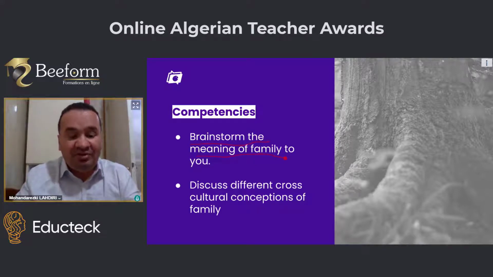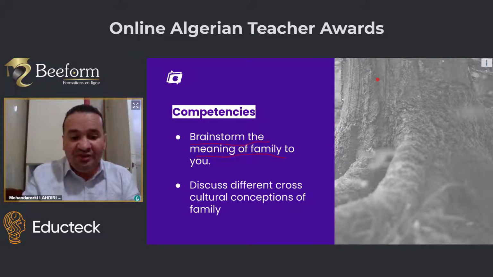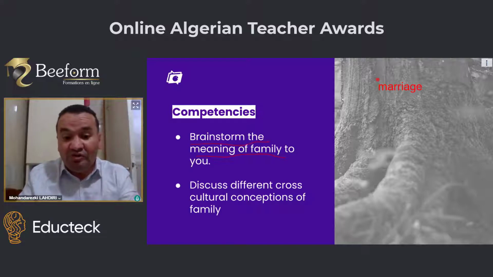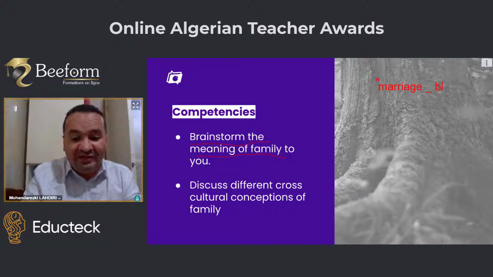So what is going to happen here? You're going to give one word which is related to the word family. You can give whatever you want, for example, some words that are related to a family. Let's say marriage. The word marriage is related to the word family. You can give the word blood link.